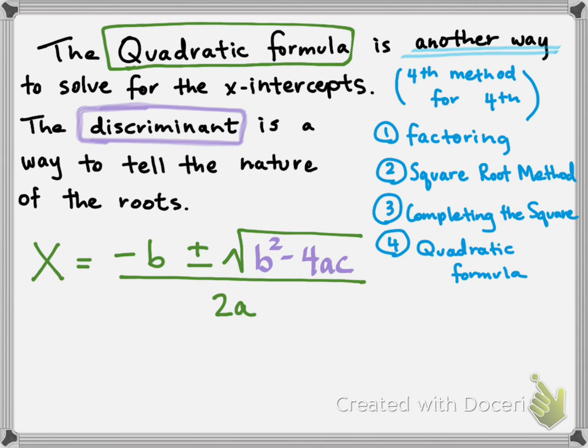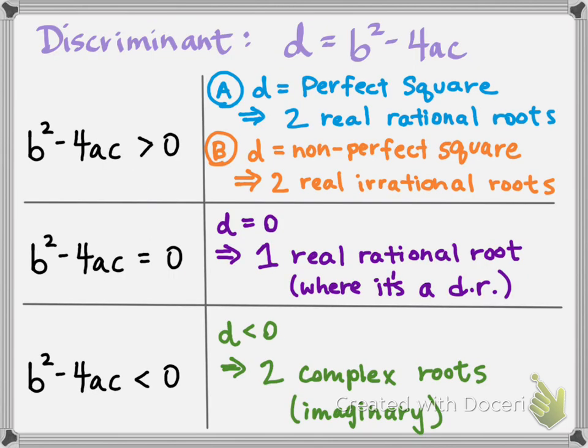But the discriminant is where I can determine if I have two real rational roots, two irrational real roots, one rational root, which is also a double root, or zero real roots, meaning I have two imaginary roots. This is an important aspect of the quadratic formula because it can actually help us out understanding what our graph would look like. On the next slide, we have the discriminant and the cases.